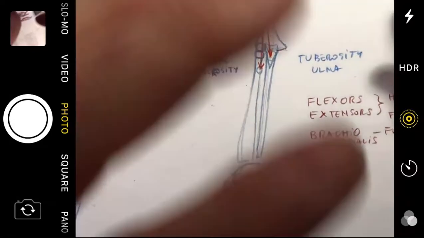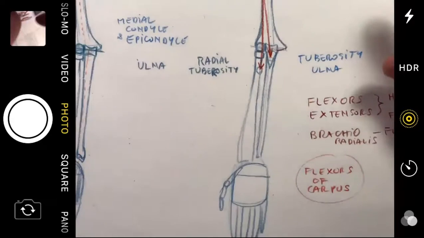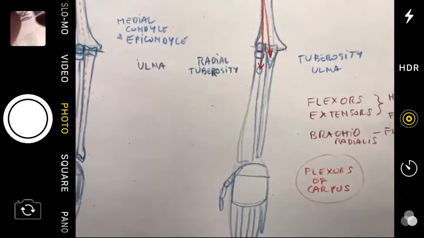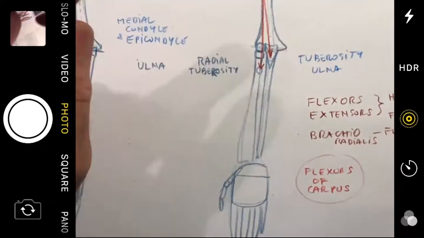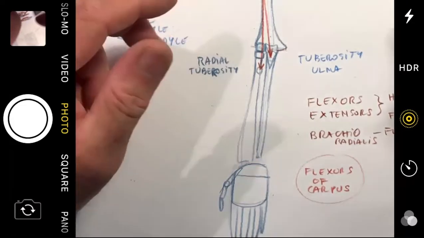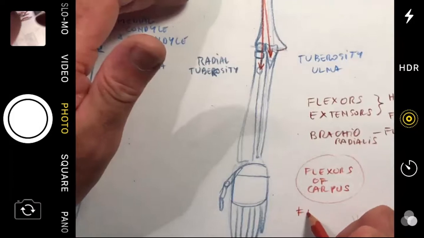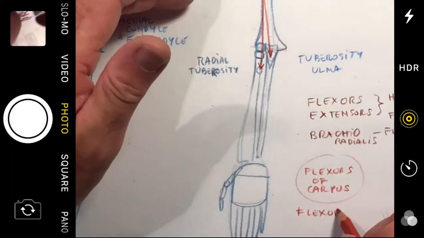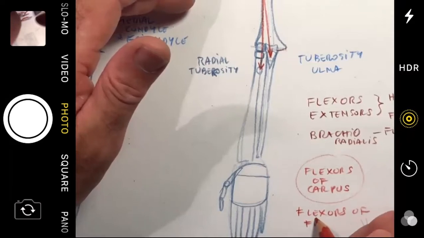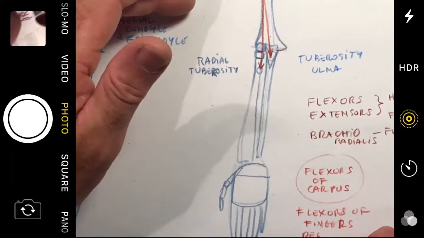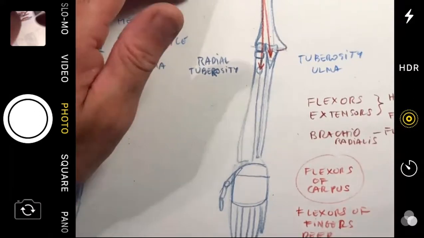So let's just know that there are 2 layers of flexors of the fingers, deep and superficial.